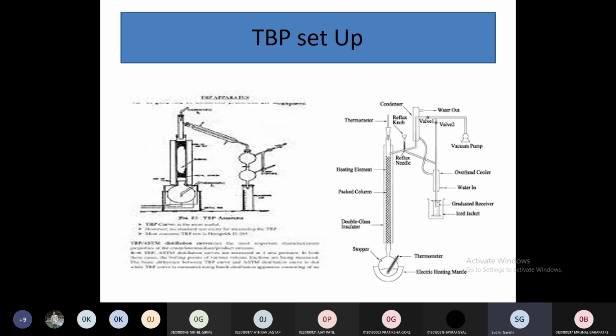The volume percentage collected is measured against temperature, and that is represented as a bar chart, where volume percentage is plotted against temperature and the midpoint. What temperature is required for 0 to 10% volume to be distilled? Same way 11 to 20, 21 to 30, like that.